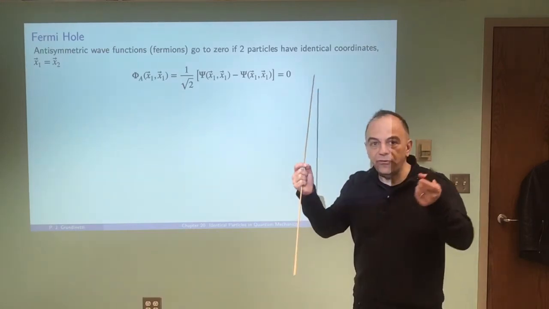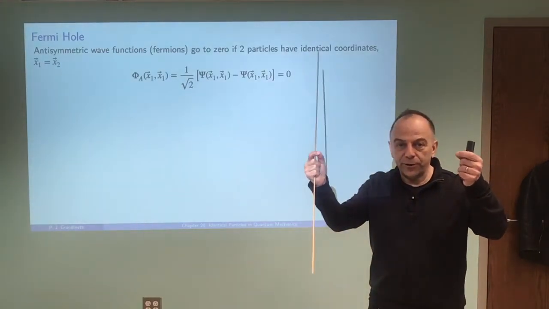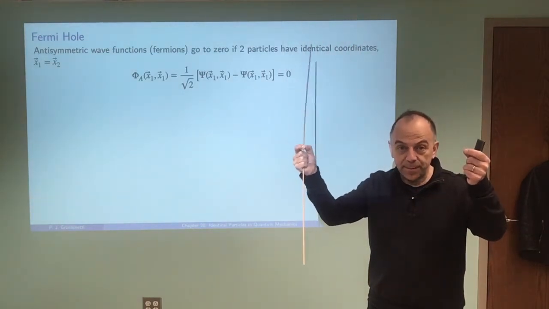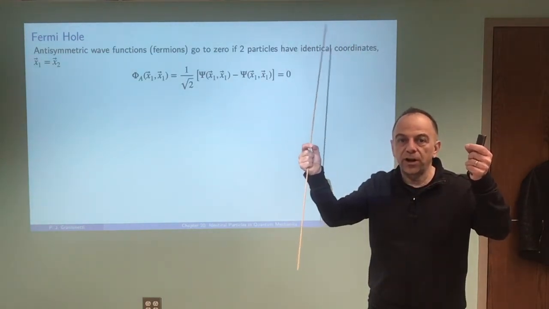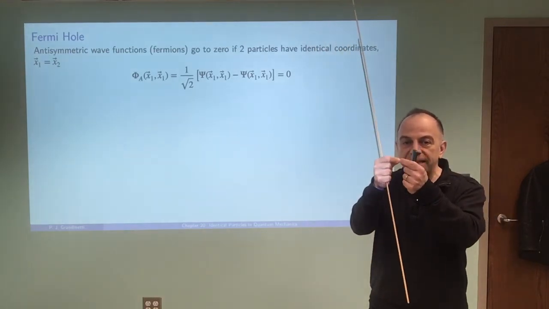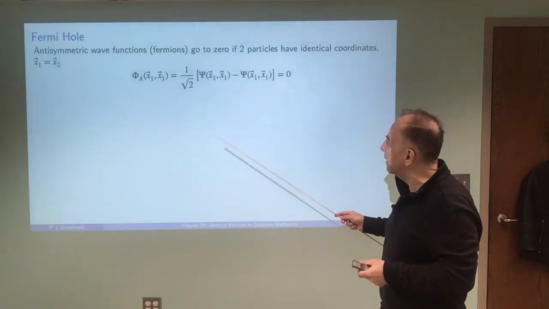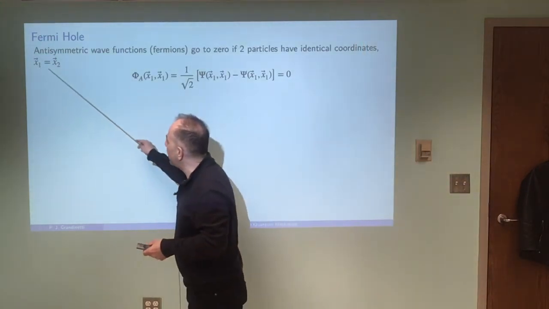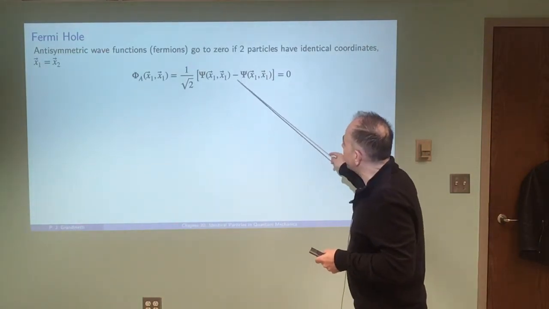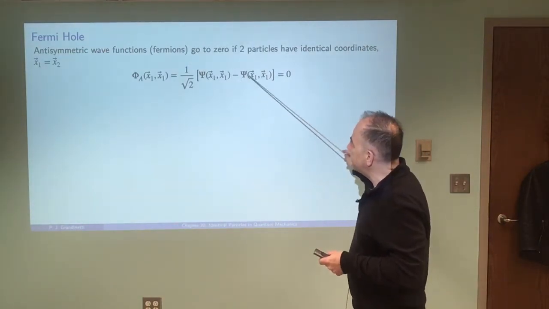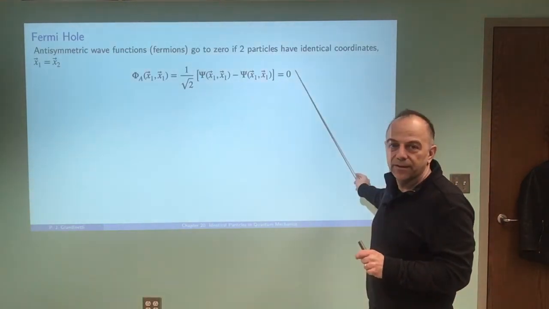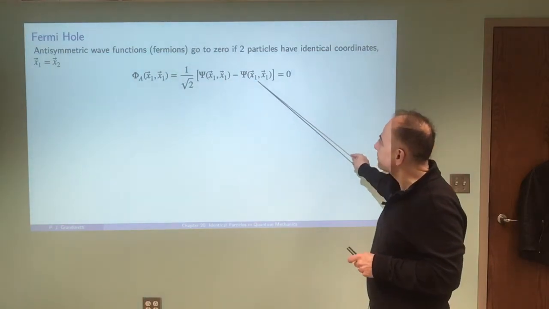So if two identical particles that are fermions approach each other, and they have not only x, y, and z, but spin state, so the 4 components of the coordinate come together and show up at the same point in space with the same spin state, then x1 and x2 become equal to each other. Because of that negative sign, this function and this function become entirely identical, and it goes to 0. They completely cancel each other out.